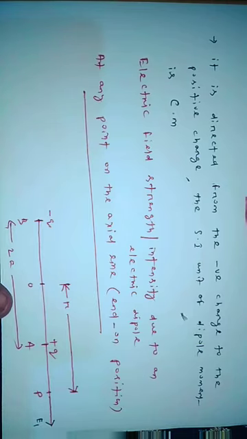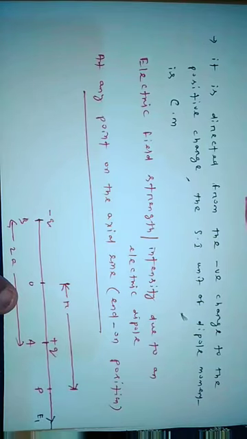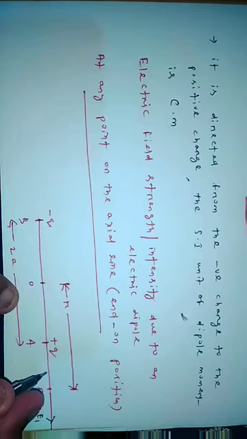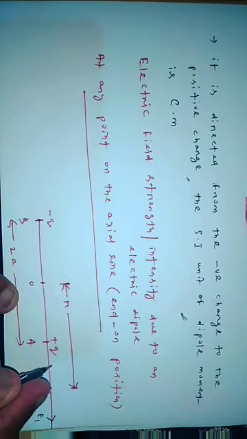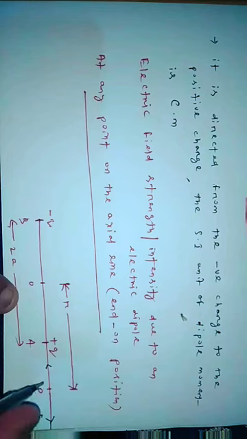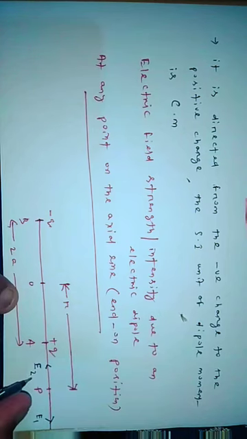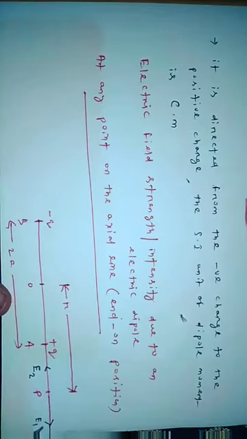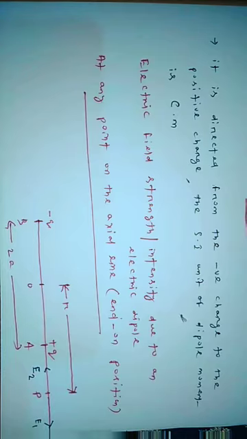Similarly, electric field strength at point P due to charge minus Q. Okay, as this is a negative charge, so an attractive field acts along this direction. Okay, so this is your repulsive field and this is your attractive field. We will calculate electric field intensity at point P due to the dipole. Okay.